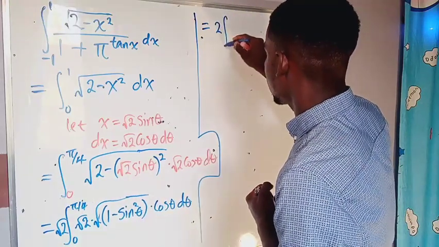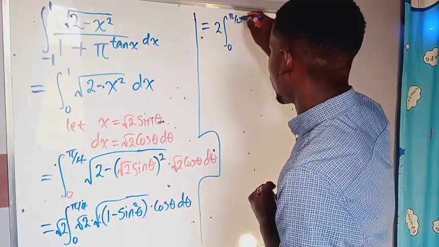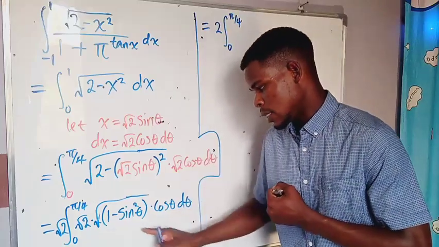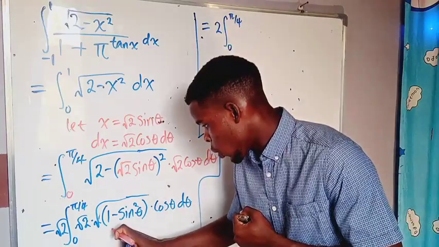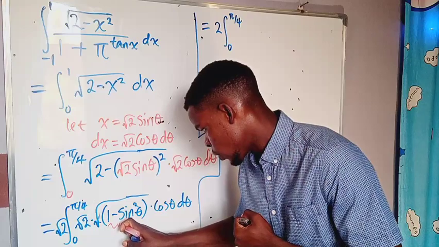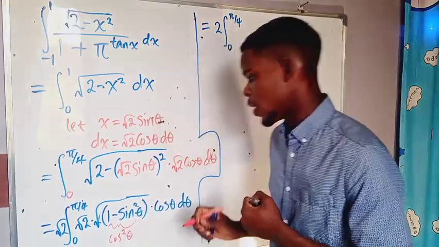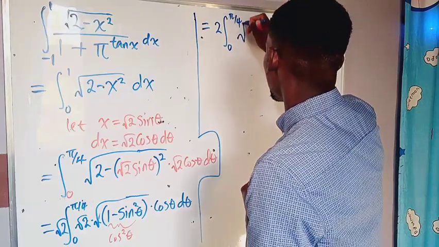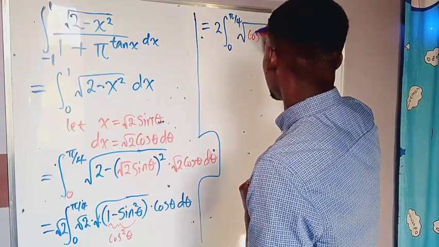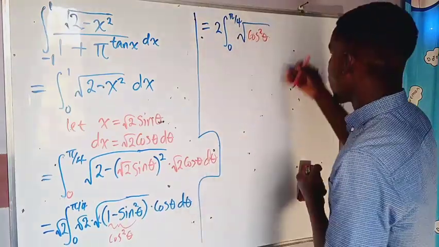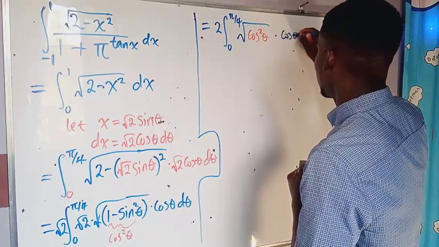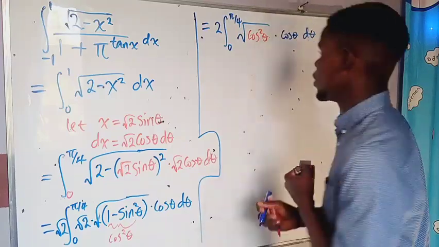Then we're going to have the integral from 0 to pi over 4 of this. Note, 1 minus sine squared of an angle is cosine squared of that same angle, right? So we just have the square root of cosine squared of that angle, which is theta. We multiply it by the cosine of theta, and then we put the d theta over here.